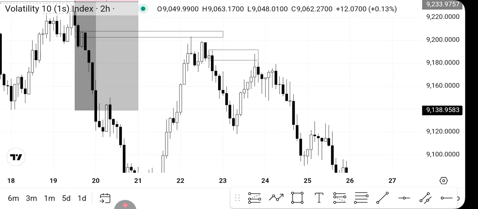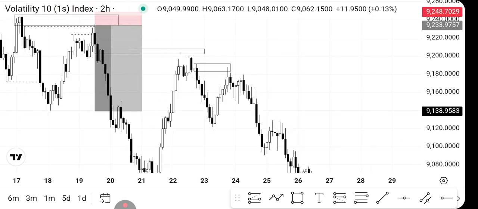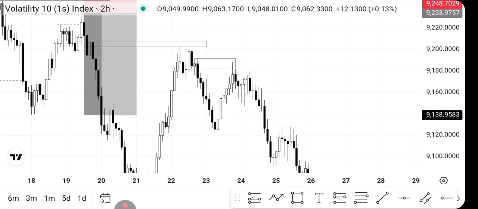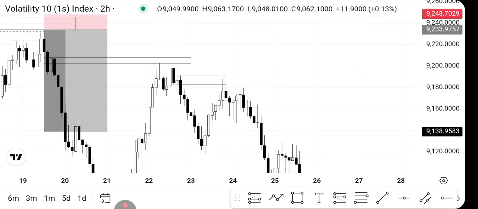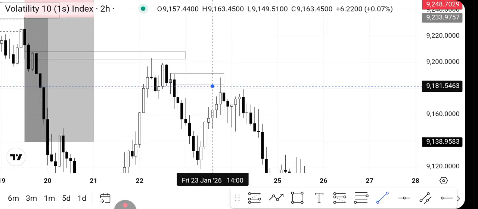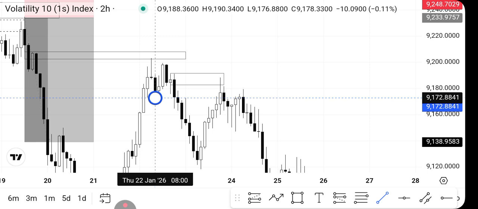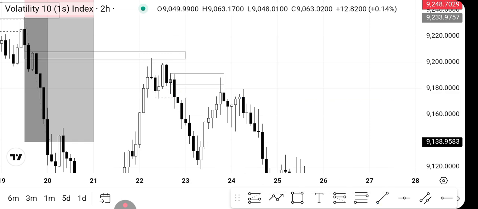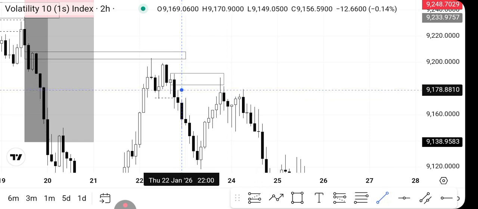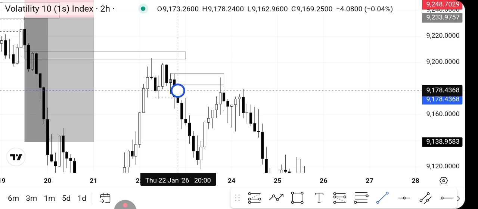Now, this is another one right here. So this is a break of structure here, a tiny break. The inducement is right here.